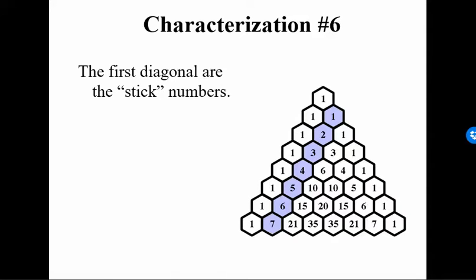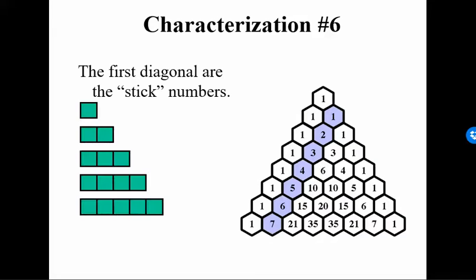Characterization 6 is kind of a simple characterization. The only reason I put it in here was to establish a pattern. Characterization 6 says that the first diagonal are the stick numbers. Don't be alarmed that this is super simple. So this 1, it's a stick of length 1.